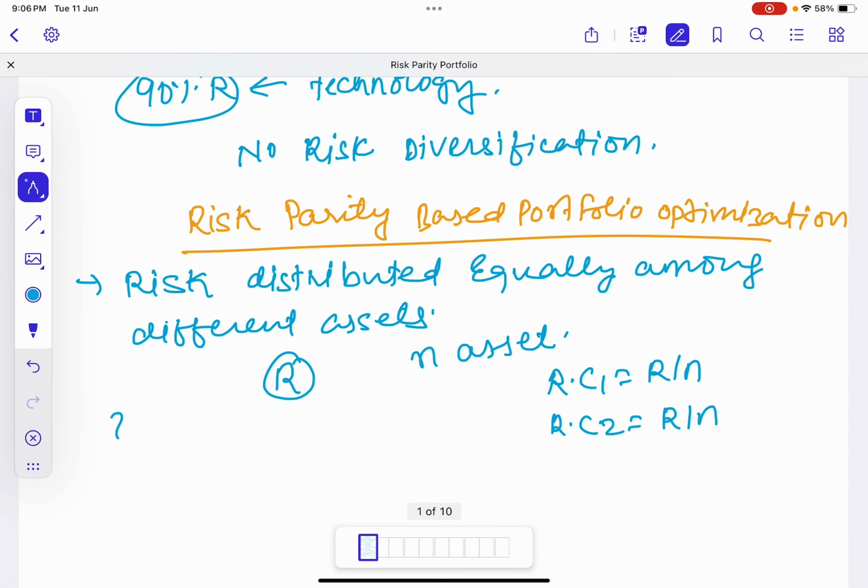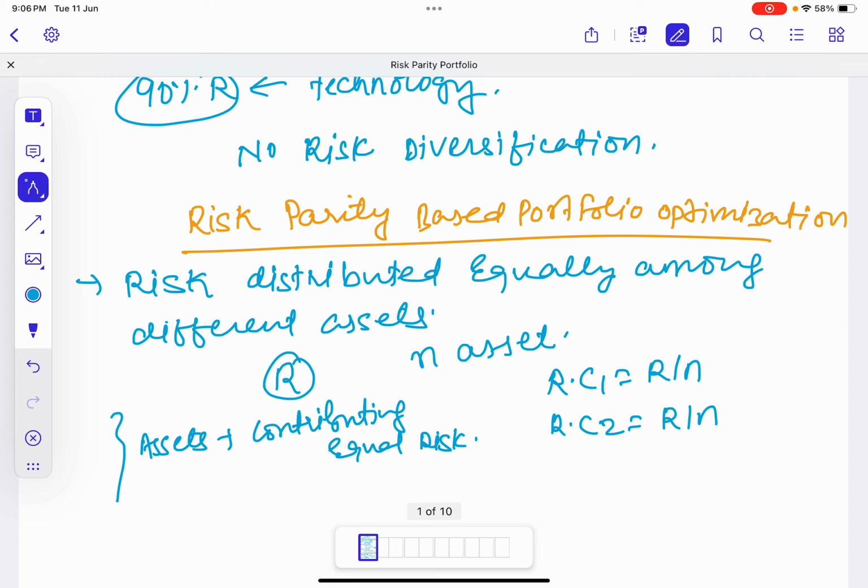So all the assets contribute equal risk, and this method is called risk parity based portfolio optimization. Basically the risk contribution of asset 1 is equal to the risk contribution of asset 2 is equal to the risk contribution of asset i is equal to the risk contribution of asset n.